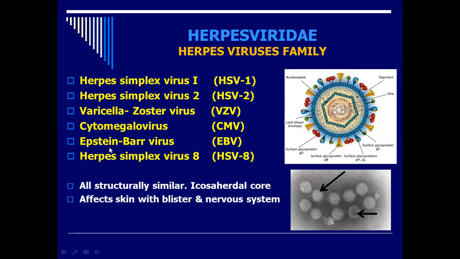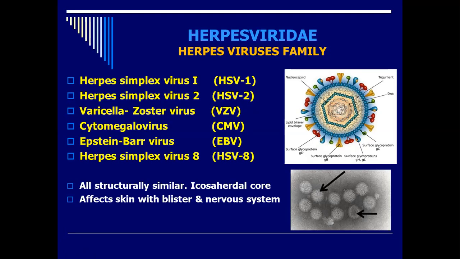So we have HSV1, HSV2, VZV, CMV, EBV, and HSV8. These are 6 important members of the herpesvirus family, comprising herpes simplex 1, 2, 8, along with varicella zoster, cytomegalovirus, and the Epstein-Barr virus.